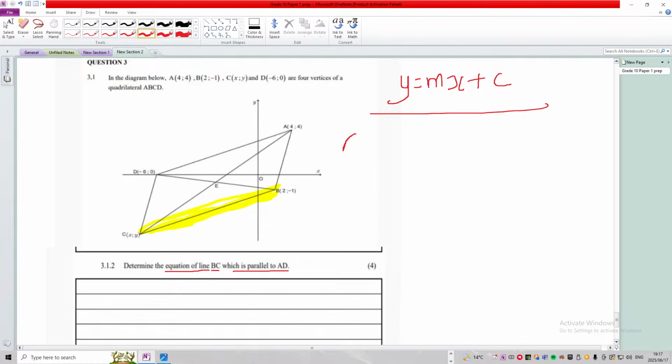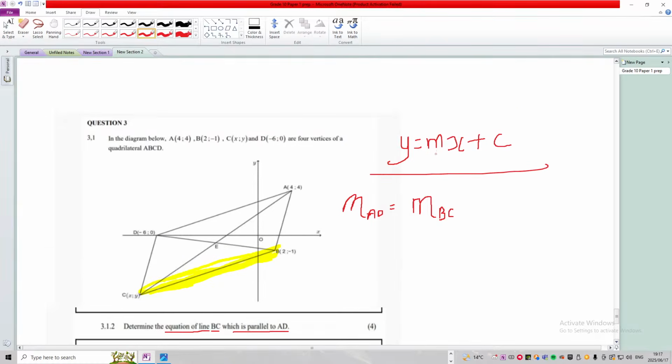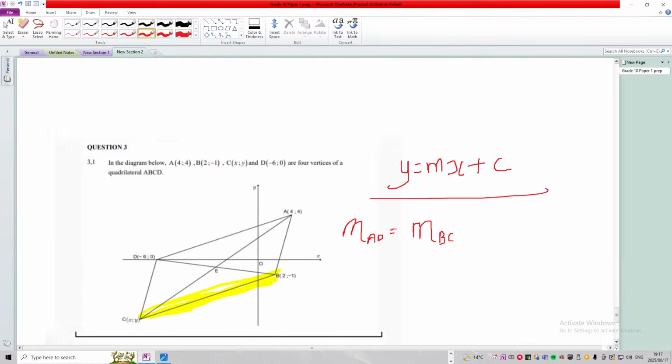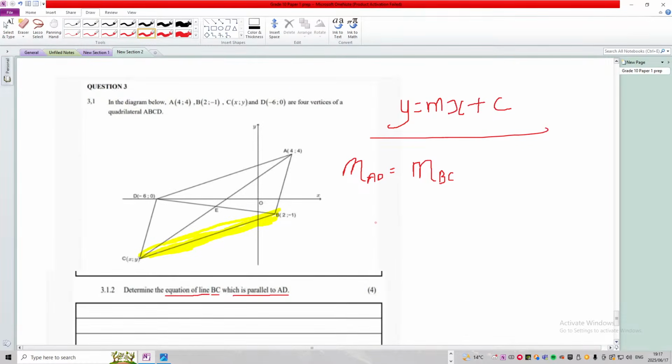Now I know one thing. The gradient of AD is equal to the gradient of BC. Where is my gradient now? It's 2 over 5, no? So 2 over 5 is the gradient for both of them, since they are parallel.